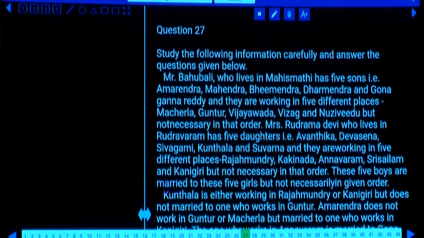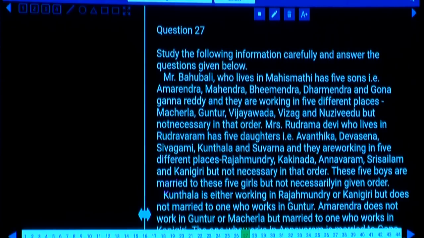Mr. Bahubali, who lives in Maheshmati, has 5 sons: Amarendra, Mahendra, Bhimendra, Dharmendra and Gonaganna Reddy, and they are working in 5 different places. What are those 5 places here? Machella, Guntur, Vijayawada, Vizag and Nujivid, but not necessarily in the same order. And Mrs. Rudrama Devi, who lives in Rudravaram, has 5 daughters.